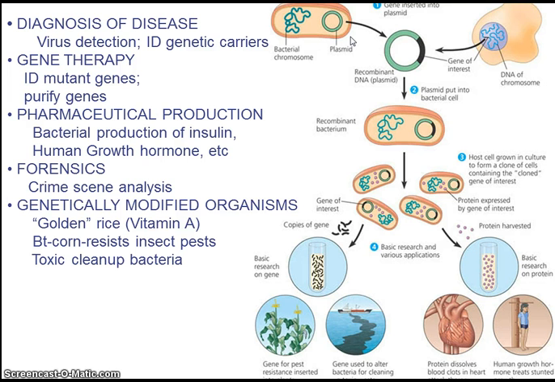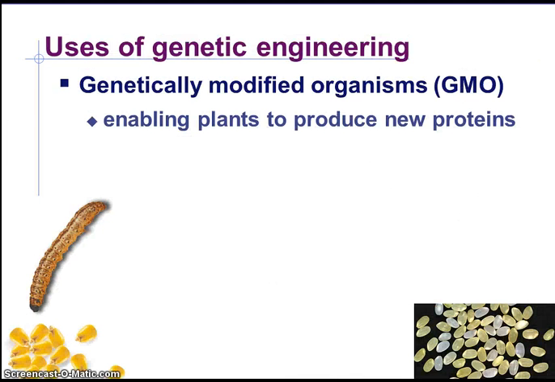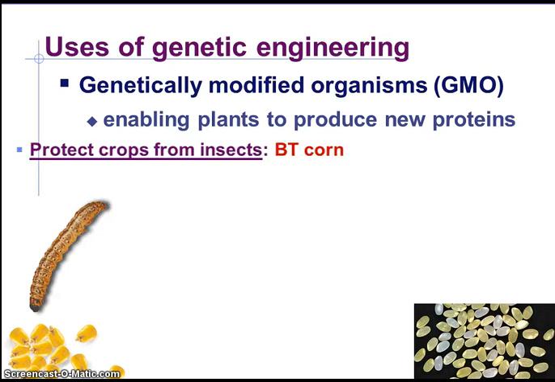I'll talk about these a little bit, but you can see several different ways that we get bacteria to grow things for us. So first we'll start off with genetically modified foods, which are GMOs, and these will enable plants to produce new proteins.